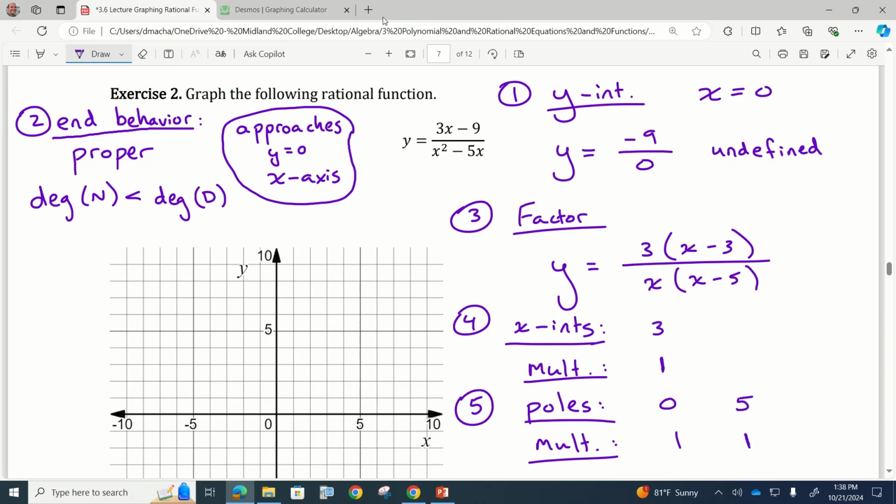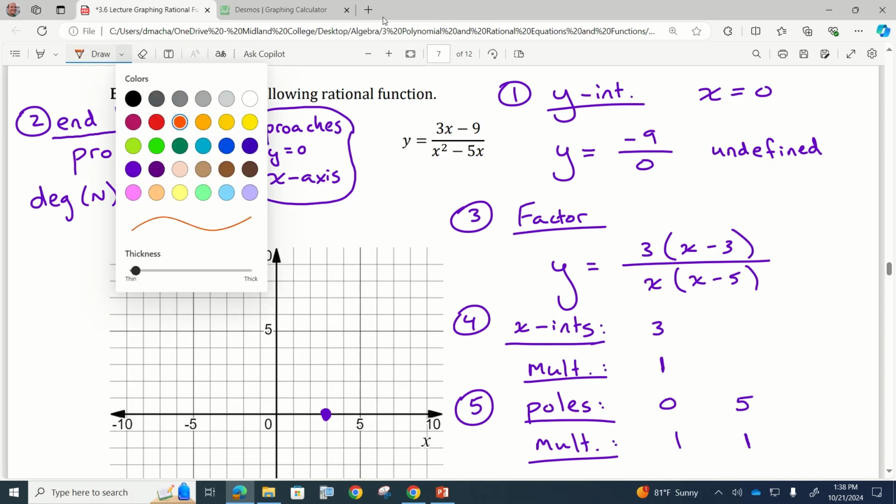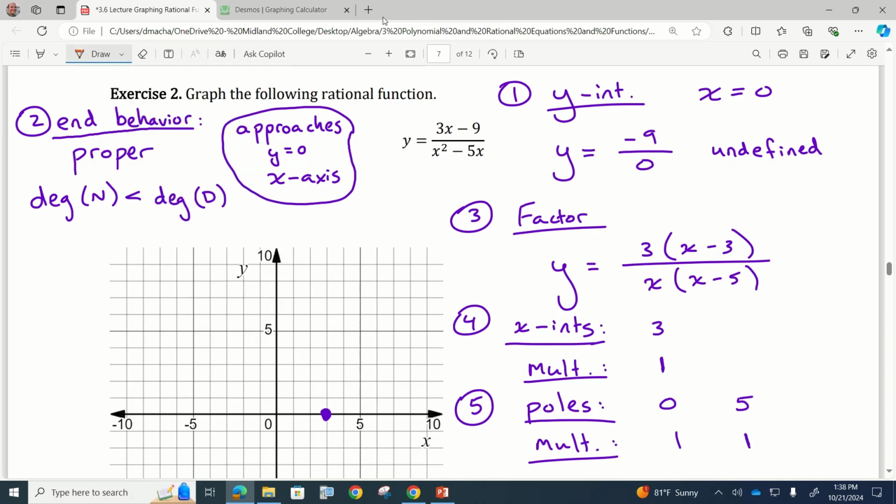And I might start by putting a dot down where my x-intercept is. Here's my x equals positive 3 x-intercept. And I'm going to put a horizontal dotted line where my end behavior is. But remember, my end behavior is just the x-axis.